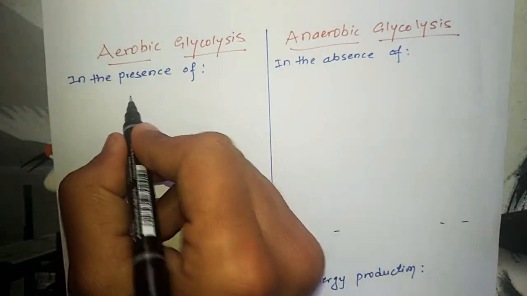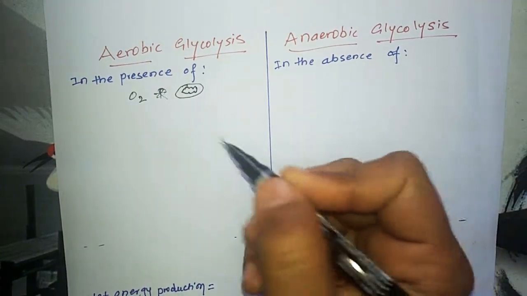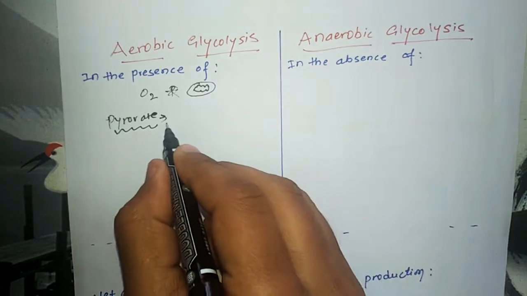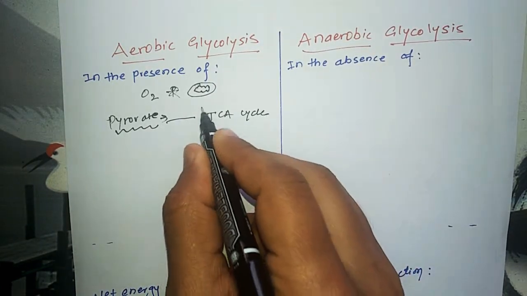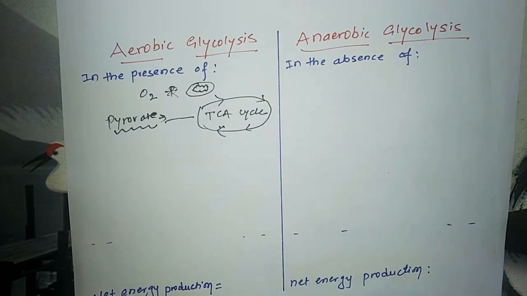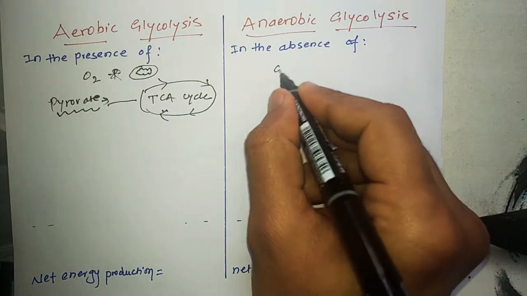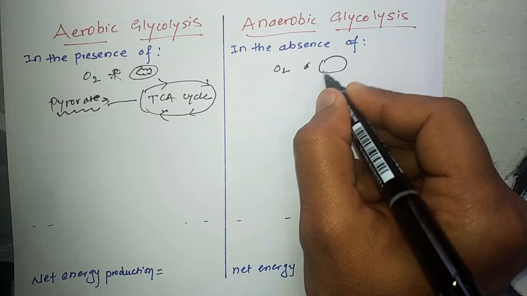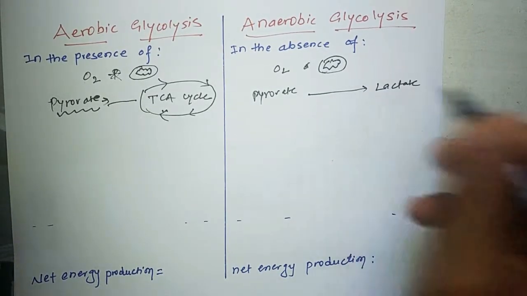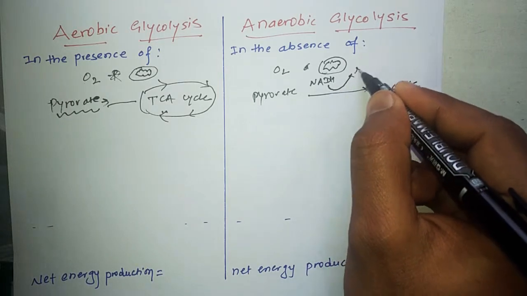When there is an adequate supply of oxygen and mitochondria in the cell, at that time the pyruvate which is broken down from glucose undergoes the TCA cycle, and a massive amount of energy will be released. But in the absence of oxygen, or when there is an inadequate supply of oxygen, or there are no mitochondria present in the cell, at that time the pyruvate will convert into lactate or lactic acid, and this process is going to take NADH and convert it into NAD.